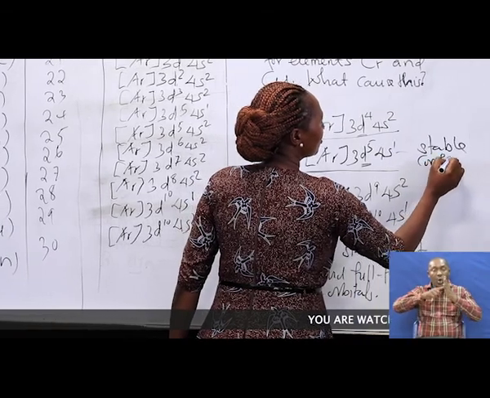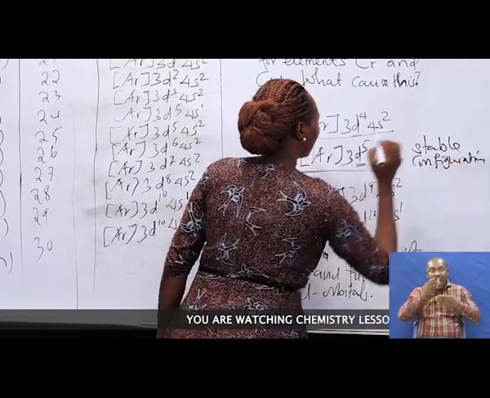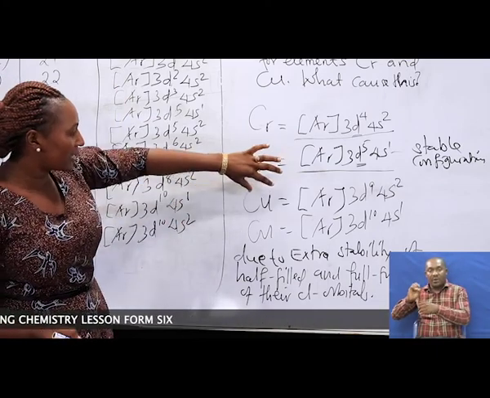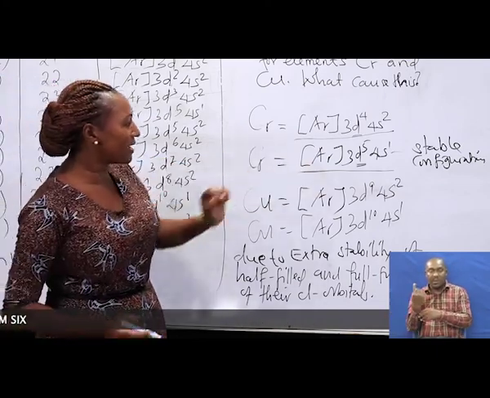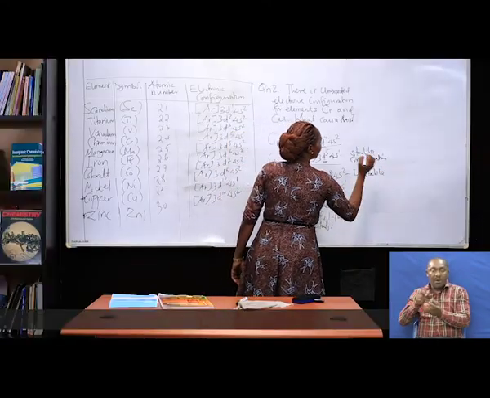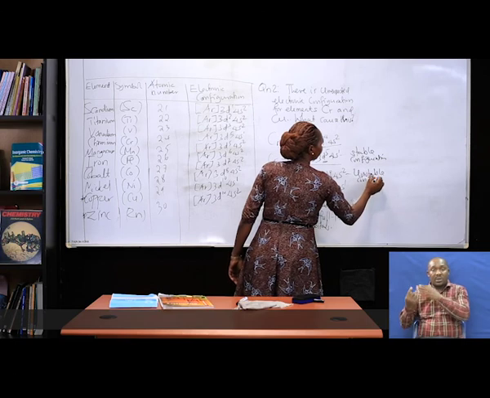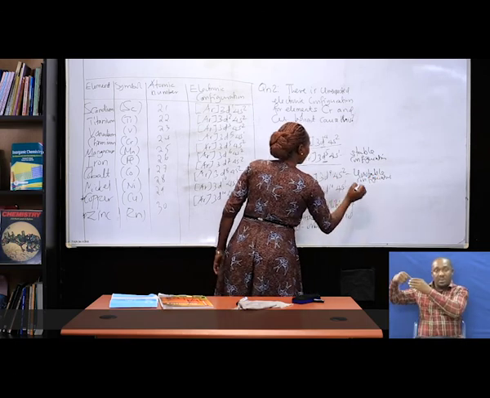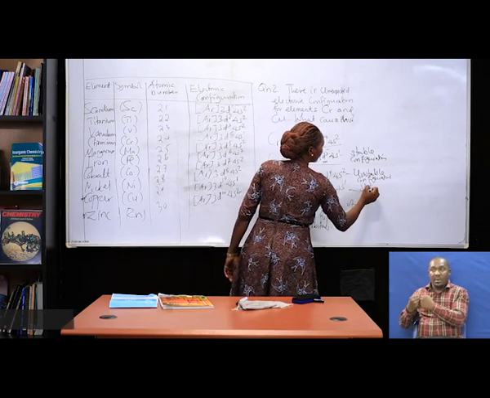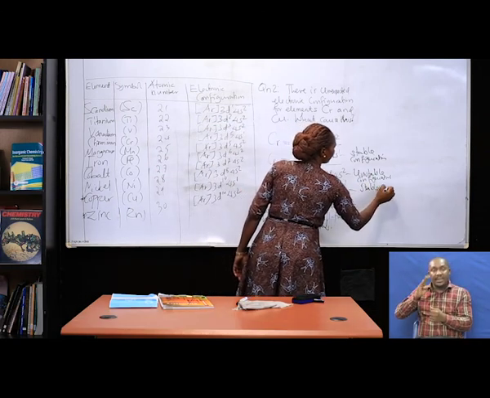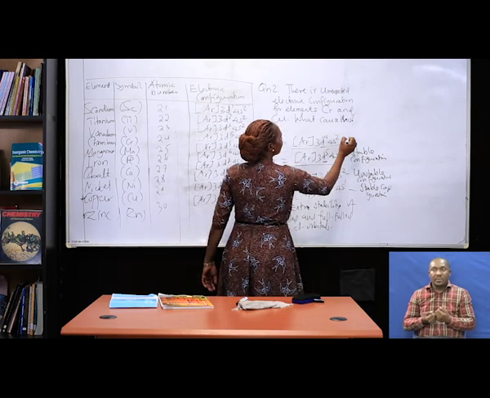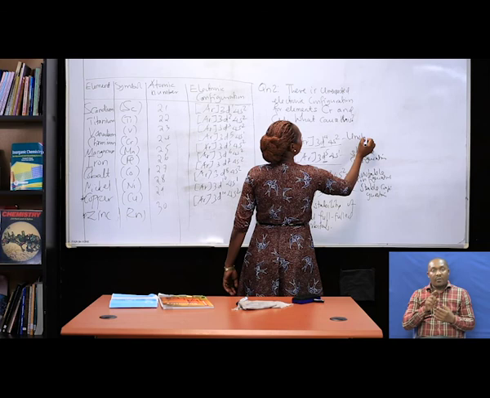For copper, it changes from the expected one, which is the unstable configuration, into this configuration which is stable. This is the stable configuration. Also, this is the unstable configuration.